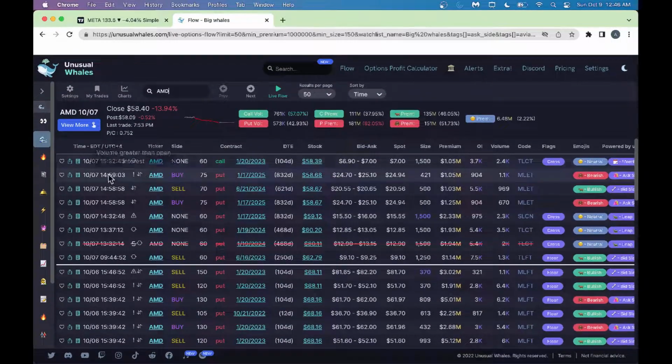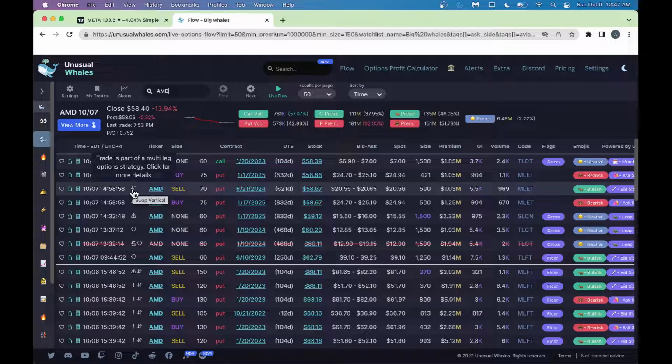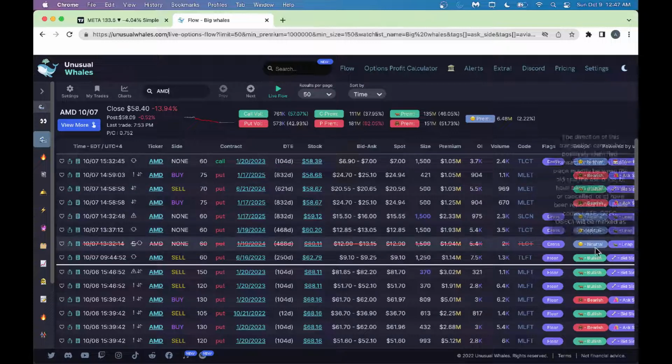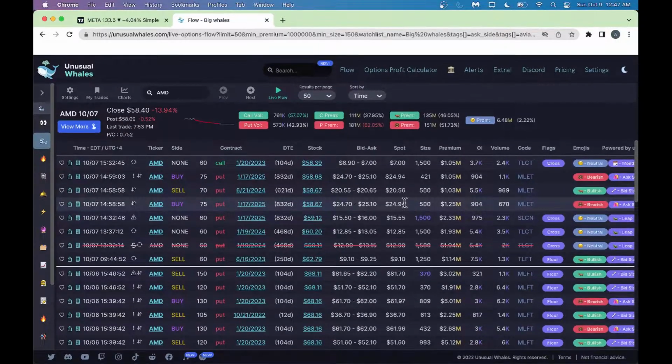Look, AMD 532, 1532, 1439. As you see here, there is neutral, bearish, bullish. Somebody put 1.3 million here. That's the directional flow. Just by looking at this, you get a good idea here. Looks like some neutral, bullish. So by looking at this, I make my trading decisions.